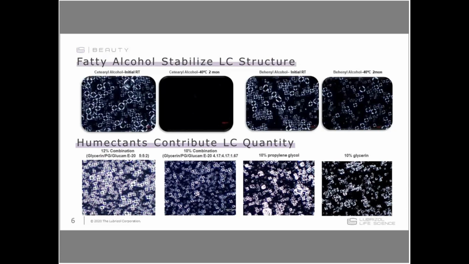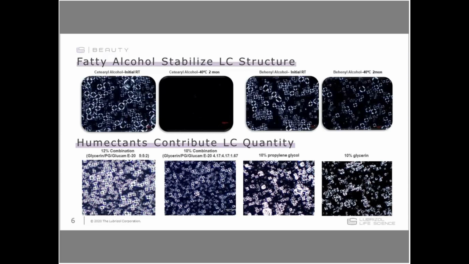So taking the image on the top left, with cetearyl alcohol at T0 initial time, there are many well-formed liquid crystals, but under accelerated stability at 40 degrees after 2 months, the liquid crystal structures disappear. So for behenyl alcohol, the presence of liquid crystal structure before and after are indicated by the number of crosses as seen under a polarized microscope.